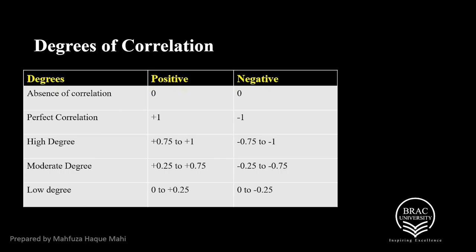And finally, if r varies from 0 to +0.25, it means there exists low degree of positive correlation. Besides, if r varies from 0 to -0.25, it implies that there exists low degree of negative correlation.